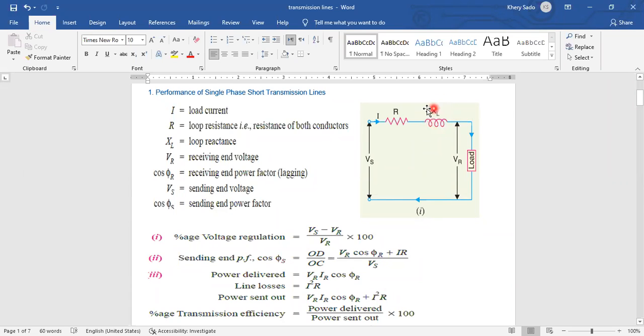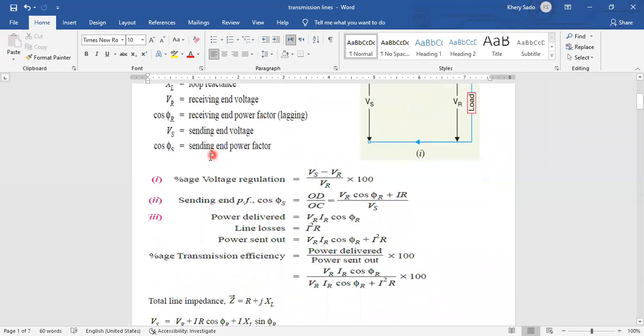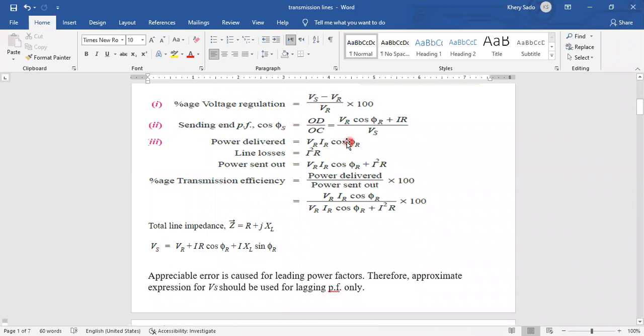If the frequency and the value of the inductor are given, then you can find XL. Okay. So cosine theta R is the receiving end power factor, and cosine theta S is the sending end power factor. Now these equations we already discussed.